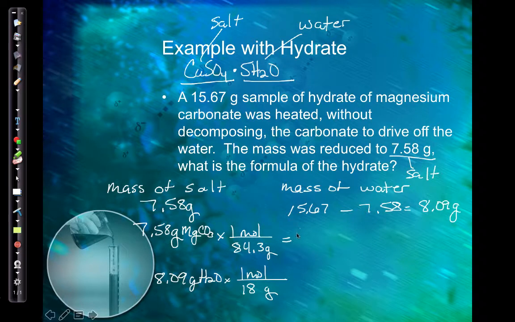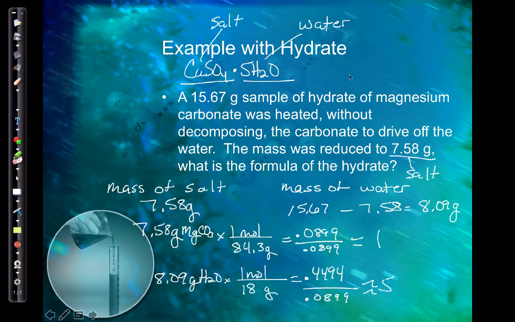So we get 0.0899 here, and then for our water we get 0.4494. All right, so now divide by small. So this is approximately 1, and this is approximately 5. So the way that we write this, well, it's magnesium carbonate, dot, and then 5 H2Os.